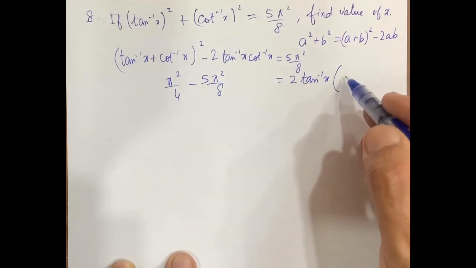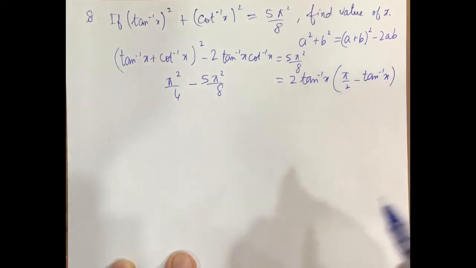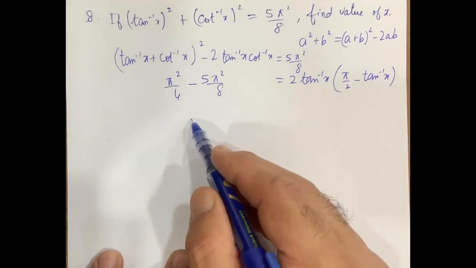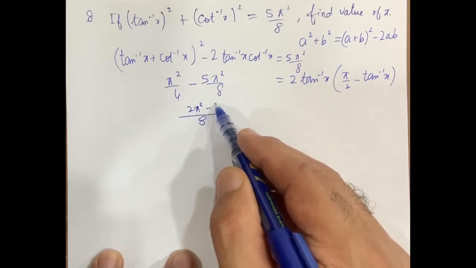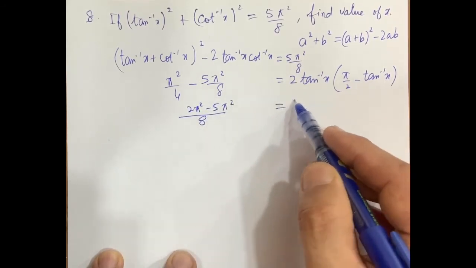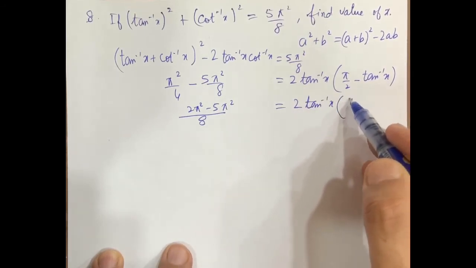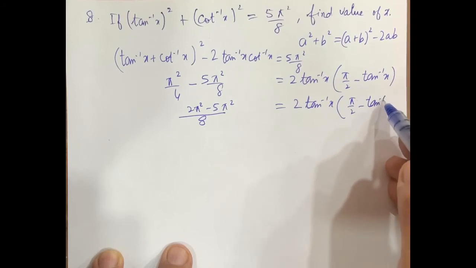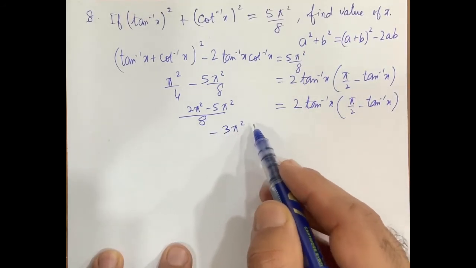Cot inverse of x can be written as pi by 2 minus tan inverse of x. Simplifying the left hand side, taking 8 as LCM, this is 2 pi square minus 5 pi square, which is minus 3 pi square by 8, equal to 2 tan inverse of x into pi by 2 minus tan inverse of x.